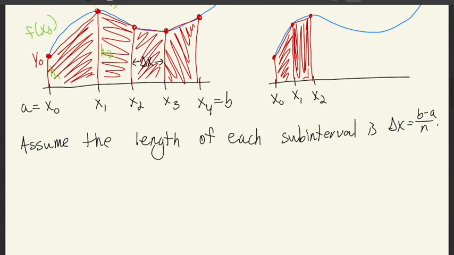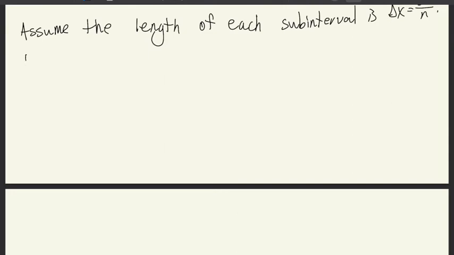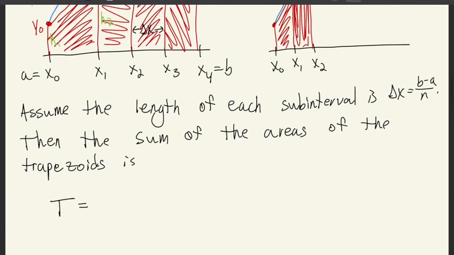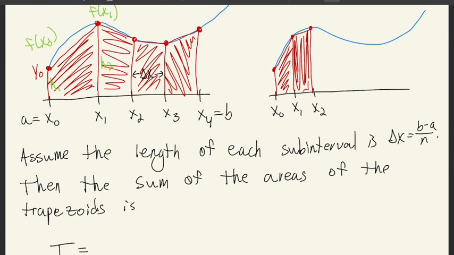Basically, all we're saying is that we are dividing so each subinterval is the same length. Then the sum of the areas of the trapezoids is, you have T for trapezoids, super creative.